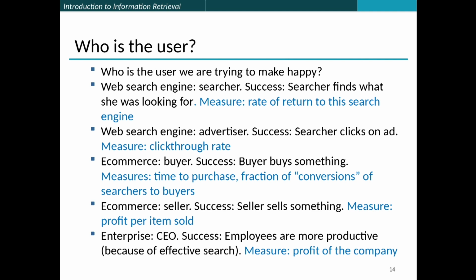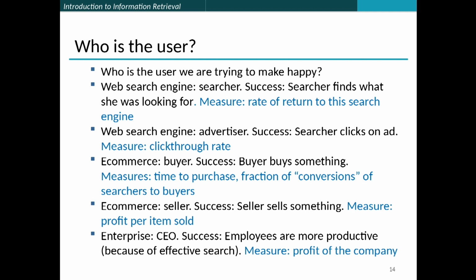So what is it that actually makes a user happy? Clearly, it depends on what we consider as users, right? If we consider the searcher, actually, the main goal in order to make her or him happy is to find what she was looking for.